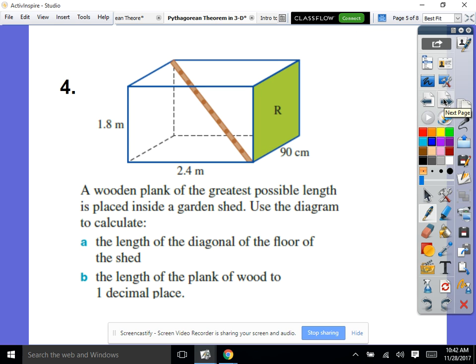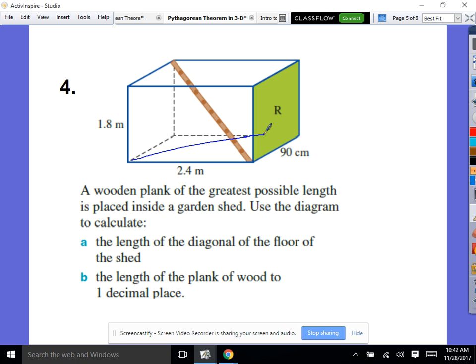All right, a wooden plank of the greatest possible length is placed inside a garden shed. Use the diagram to calculate the length of the diagonal of the floor. So we're going to have to do this first. So the floor, we're going to call that F, and we'll call this D for diagonal.